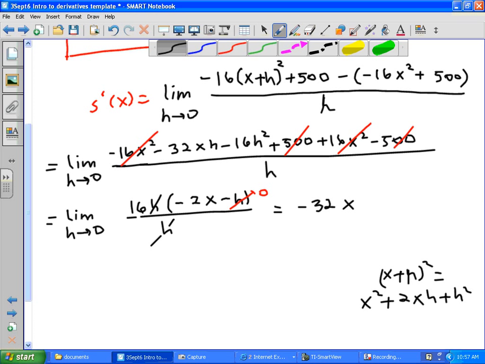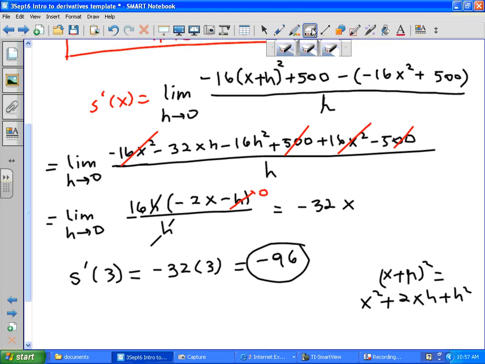So if I want to know what is the velocity at the moment 3 seconds, I'm going to plug in a 3 in there. And that will be negative 96 feet per second. That was the same exact thing as we had obtained earlier. But just know the power of this approach.